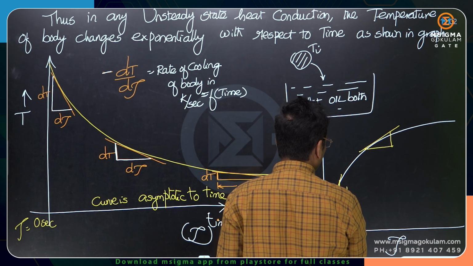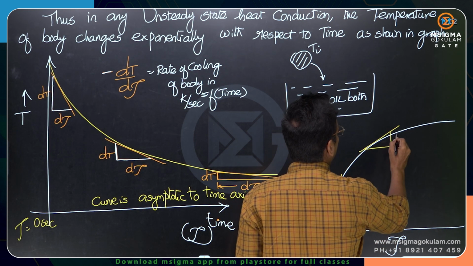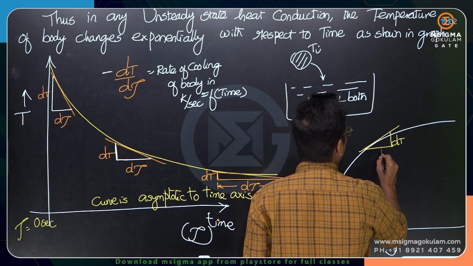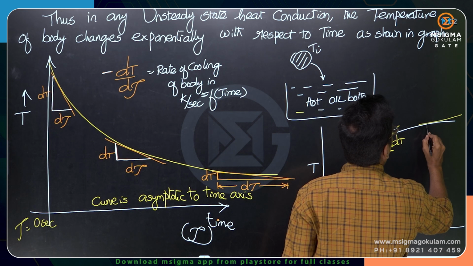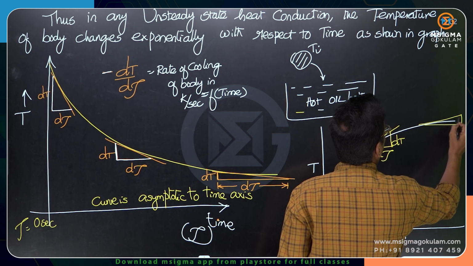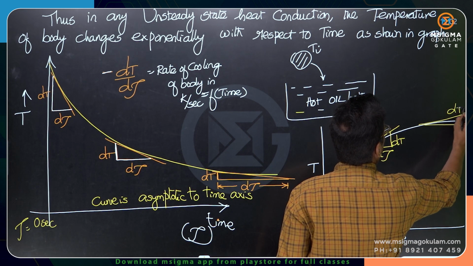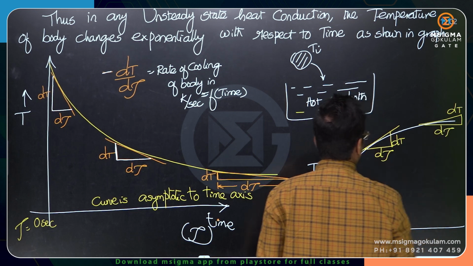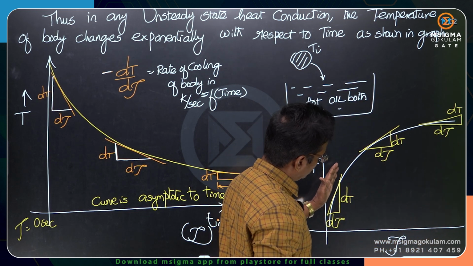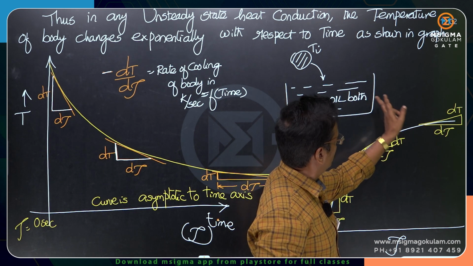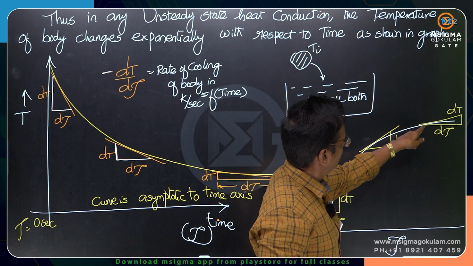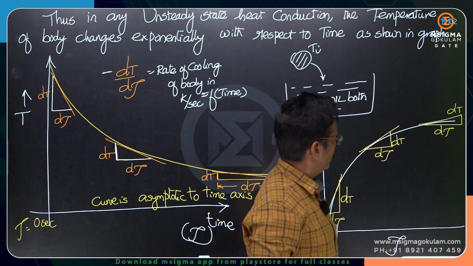But after some time, the temperature rise decreases. When the body is approaching the temperature of that oil, this dT by d tau is very little. See that? dT by d tau initially very high, after that decreases. When the body is reaching equilibrium with the hot oil bath, dT by d tau is very small.